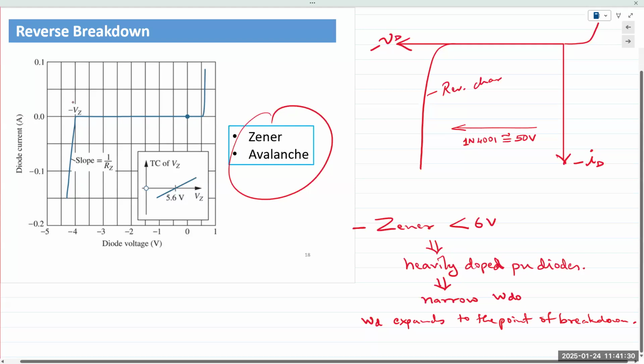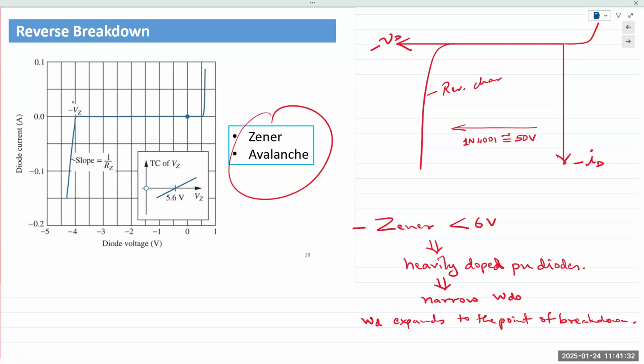Because of the heavy doping, there are so many charge carriers present that the minority charge carriers on both sides are able to cross over the junction. The electric field that we apply is typically a few volts per micron.